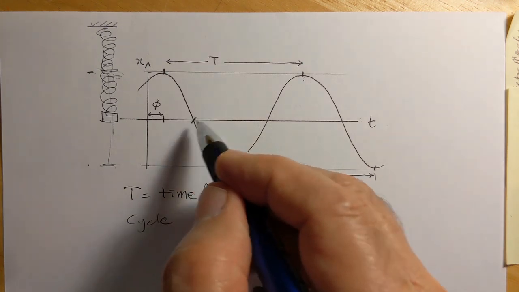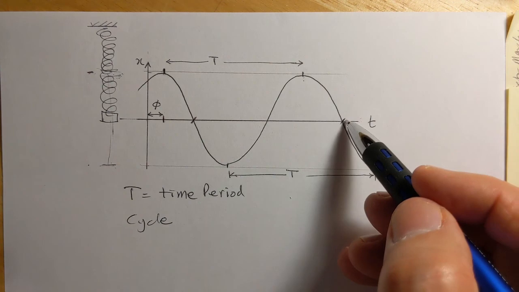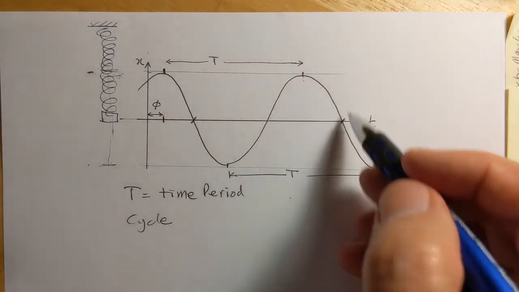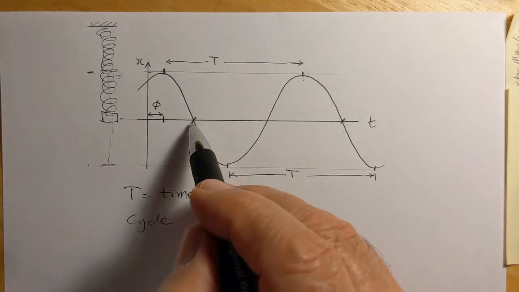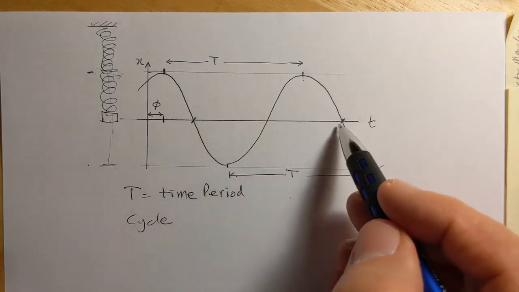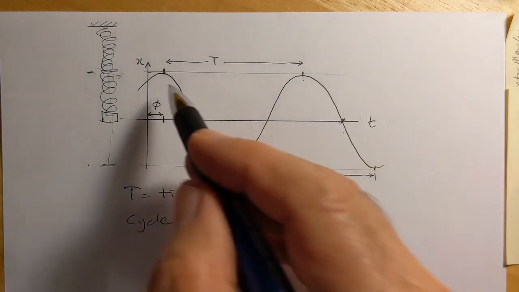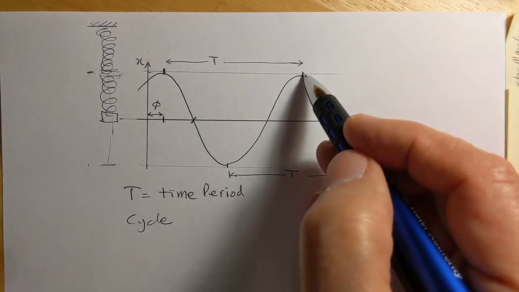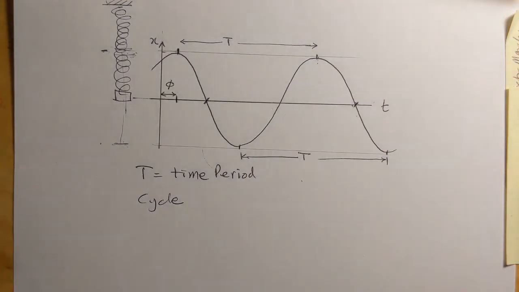So it starts from one phase and reaches the same phase after moving one full cycle. So in terms of the angle from here to here, it's 2 pi radians, or 360 degrees. And then the cosine becomes the same as what it was. So whatever is the value of cosine here, after 2 pi radians, it becomes the same value. So that's the time period.